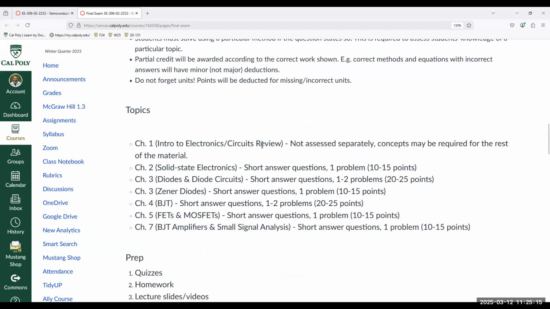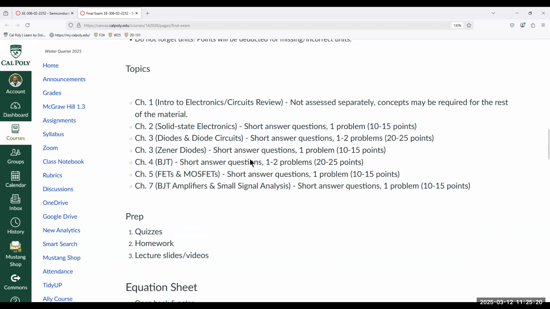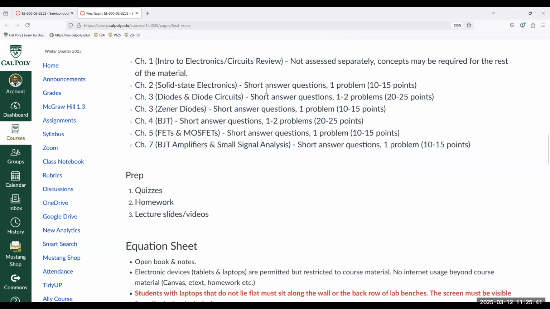All right. So first up, we had introduction to electronics and a brief review of circuits, where we did Thevenin and Norton circuit analysis. Obviously, those are not going to be assessed separately as a separate problem, but as part of another problem, you may be required to find a Thevenin equivalent, right? So everybody should be familiar with those concepts. Solid state electronics: short answer questions, maybe one problem, maybe two small problems.